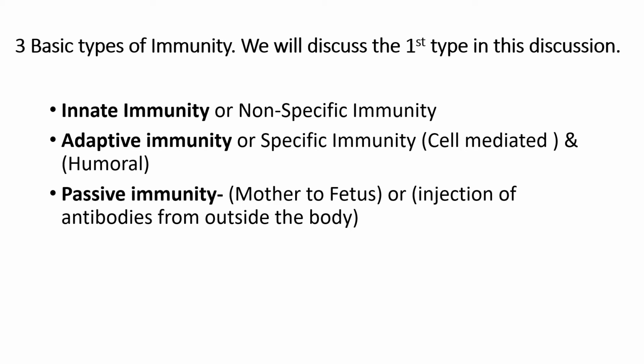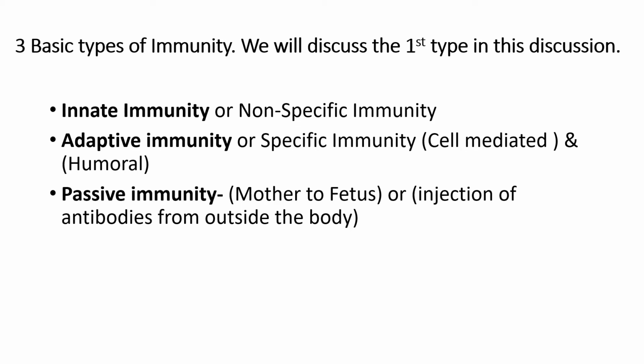So what the heck is the adaptive immunity? Adaptive immunity has 2 parts: cell mediated, that means it's cells attacking cells, and then there's the humoral. The T cells are associated with the cell mediated, and the B cells are associated with the humoral, and yet they all work together.